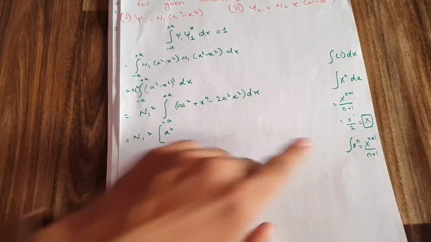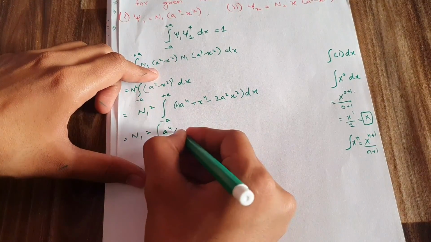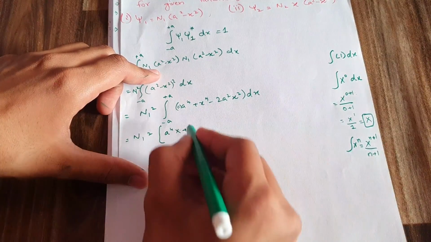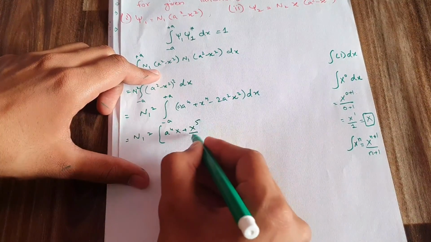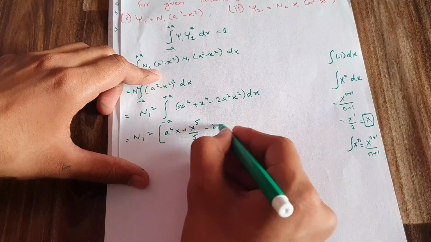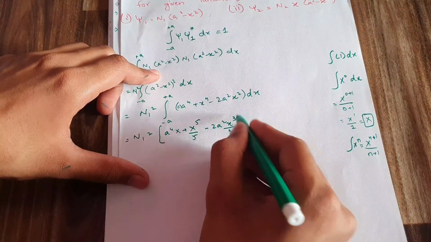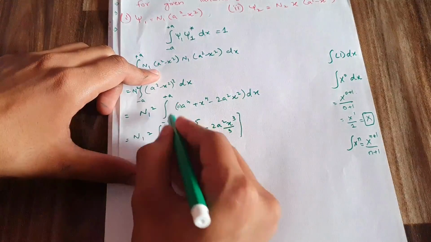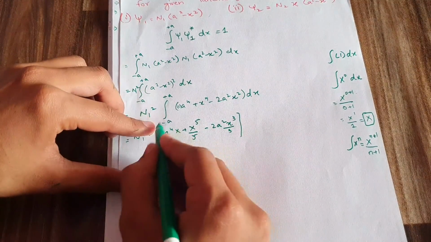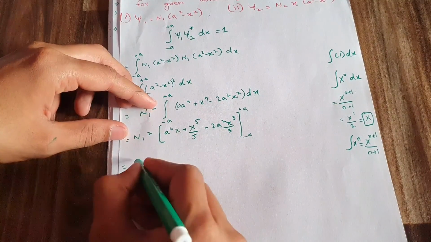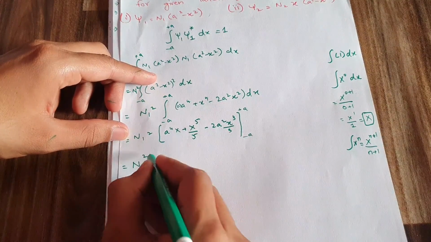So in this way, x will come here plus the integration of x4 using the same formula will become equal to x5 divided by 5 minus 2 a square x3 divided by 3. This d of x is consumed by integration. So the next thing, I have minus a to plus a as my range, and here I have n1 square.